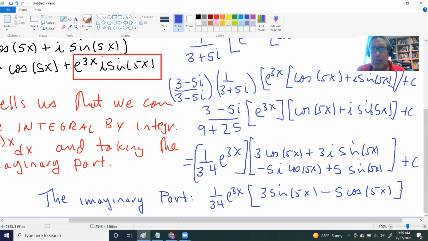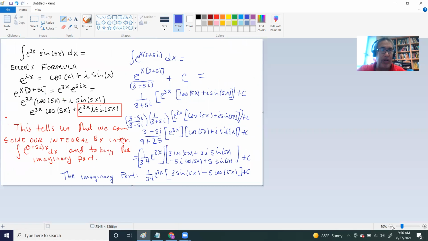Want to just do a quick double check. Yeah. Plus c, of course. And that gives you the required integral there.